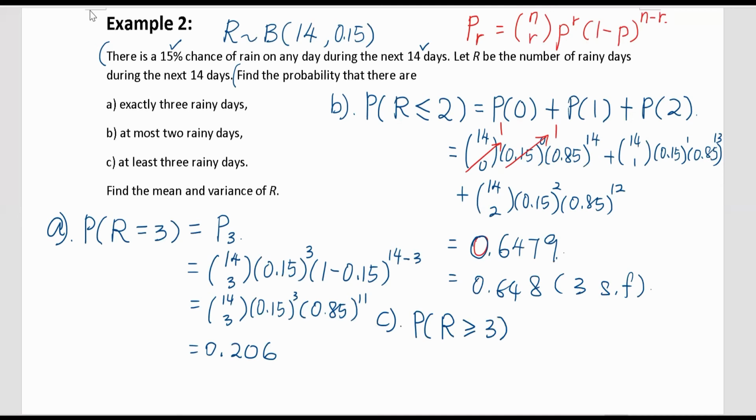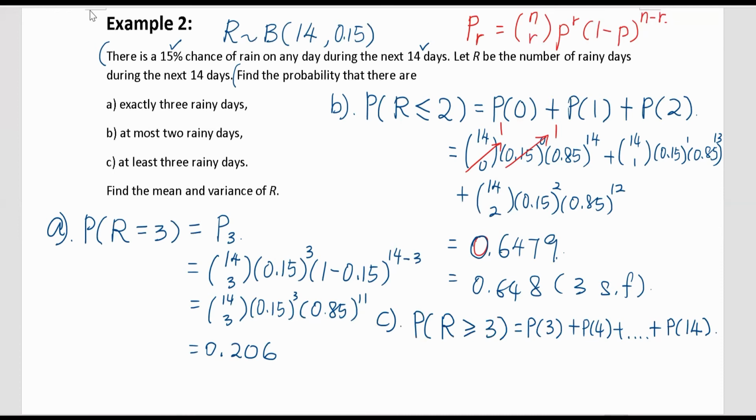That means in a random selection of 14 days, we consider exactly 3 rainy days, or 4, or 5, or 6, or 7, until all 14 days are raining. So that is the probability of at least 3 raining days.